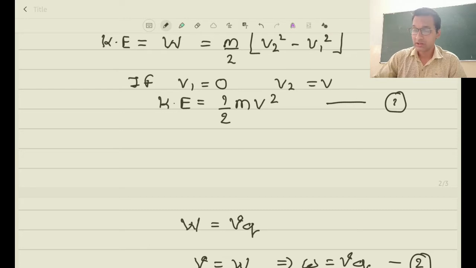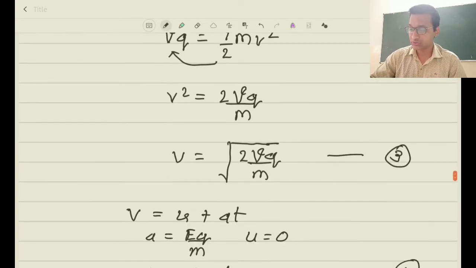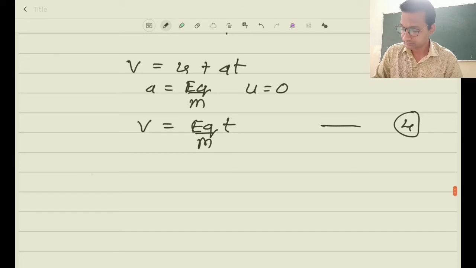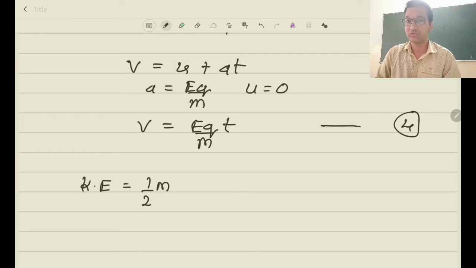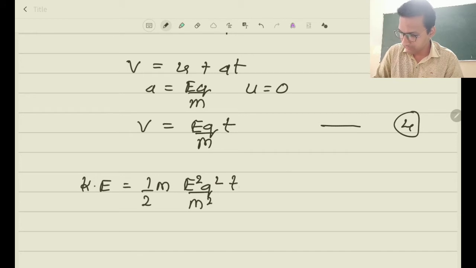So what we can do is substitute this v square in kinetic energy 1 half m, using e square q square by m square into t square.